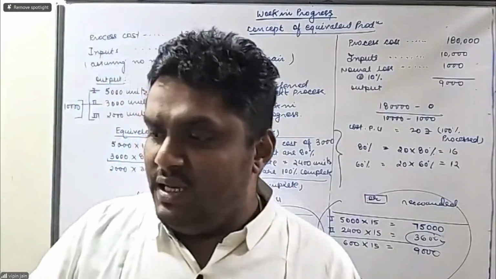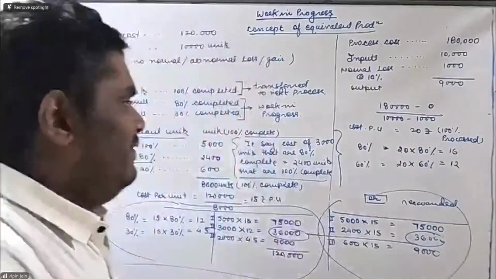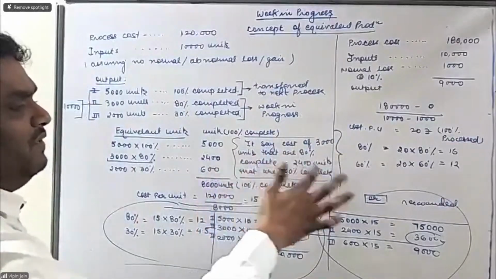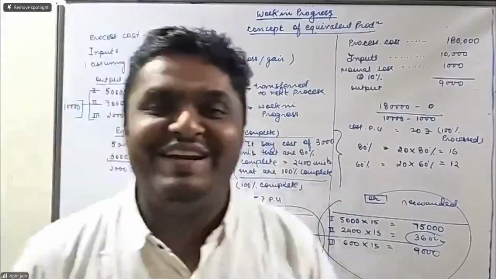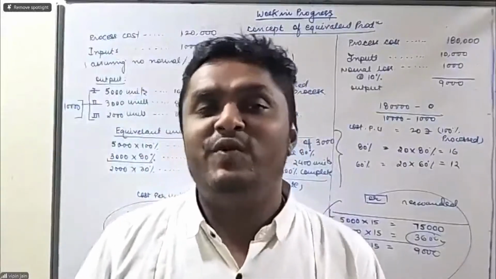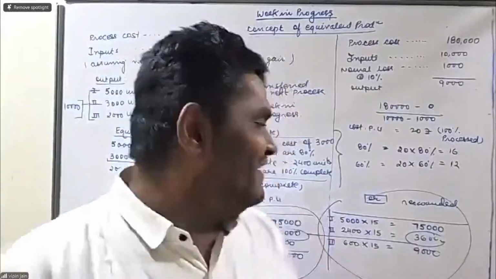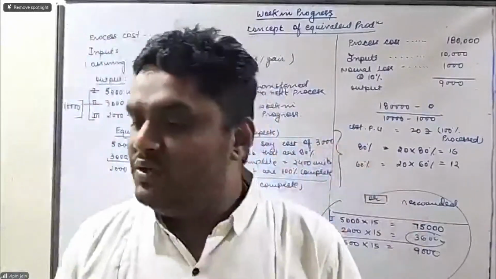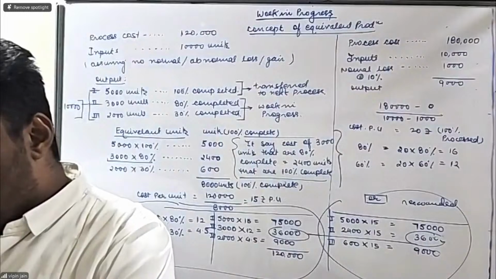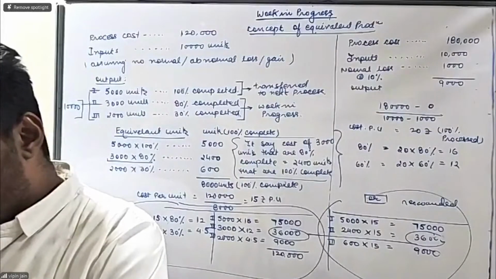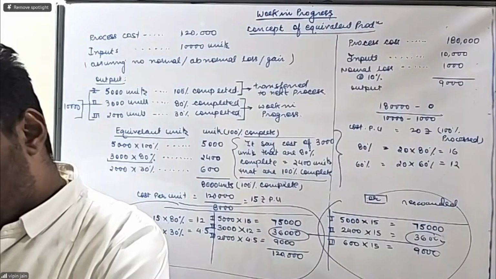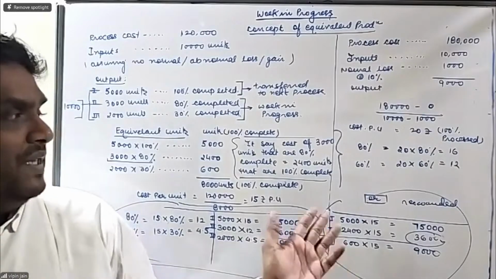See, we can say again, Preeti Kumari, just focus on the language. It says that the cost of 3,000 units that are 80% complete will be equal to 2,400 units that are 100% complete. To avoid any sort of confusion, I have written the language also for better understanding, Preeti. Please copy this explanation.